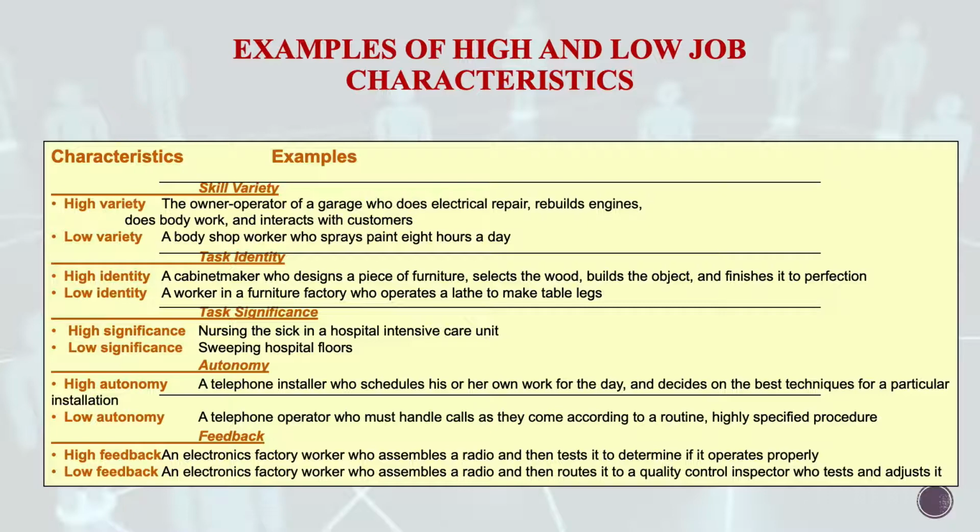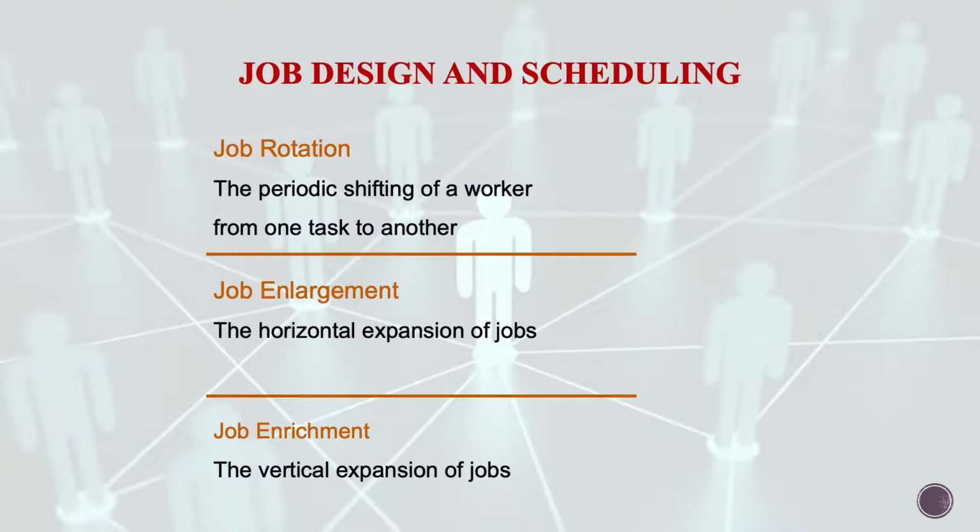So here the job is only testing and quality verification. So these are some of the examples to understand high and low level of job characteristics in terms of these 5 core job dimensions.